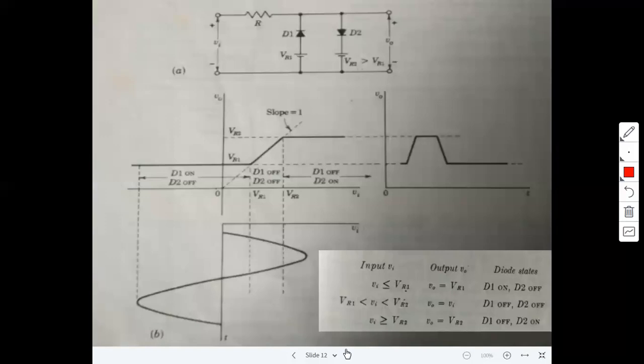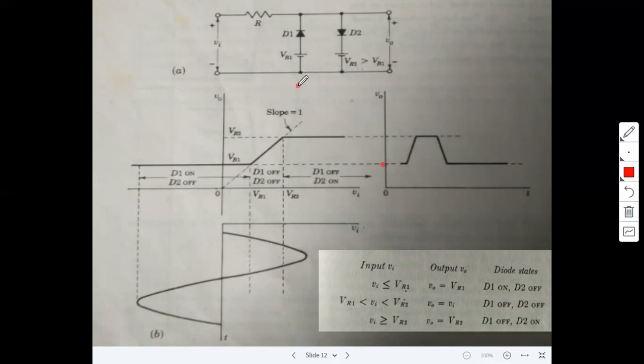Okay, coming to the second way of classifying clipper circuits. The second way of classification is two-level clipper circuits. That means this type of clipper circuit clips the input signal at two independent levels. So far we considered clipper circuits that clip at one reference level only.